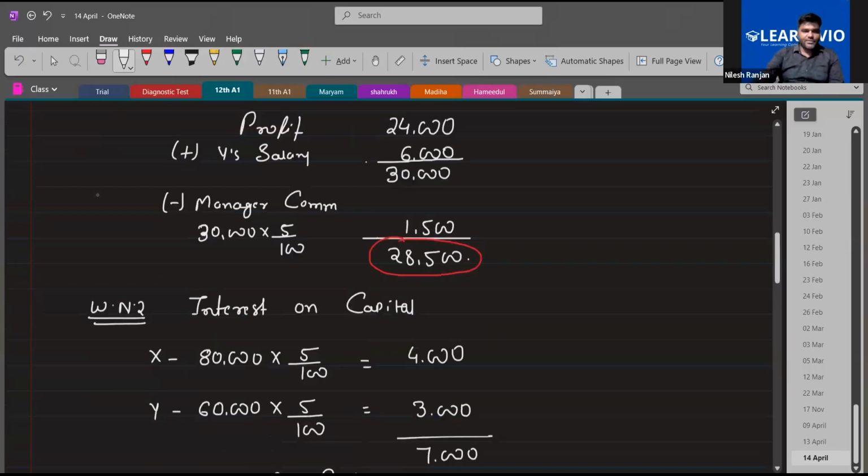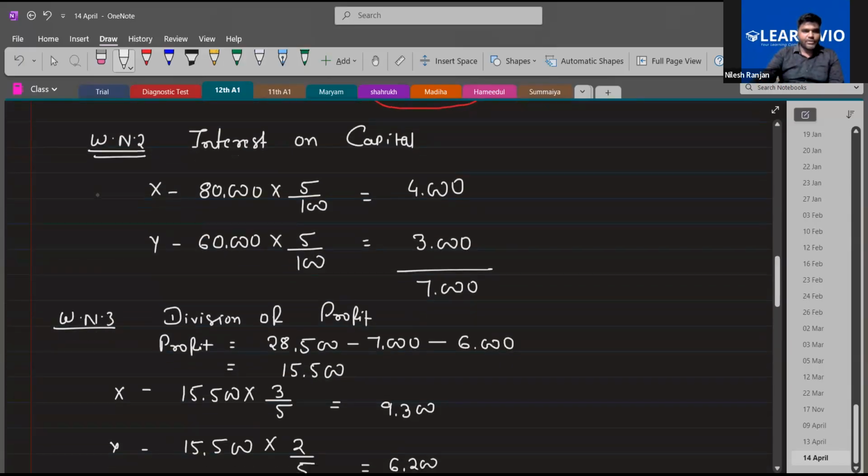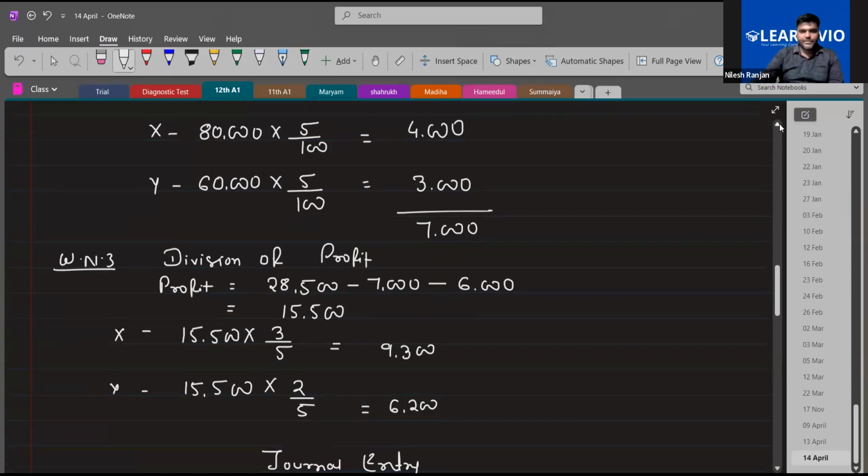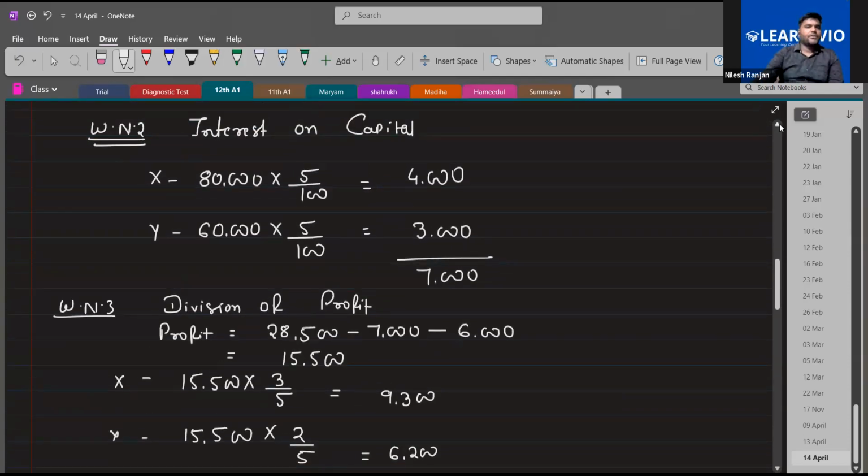Okay. So this is the first part, then interest on capital and division of profit. Take the screenshot of this also. Just a second.